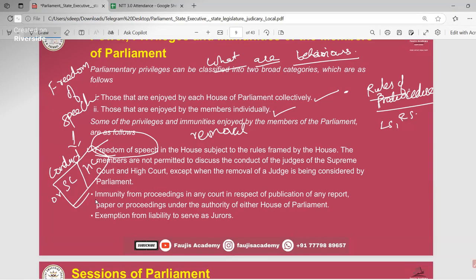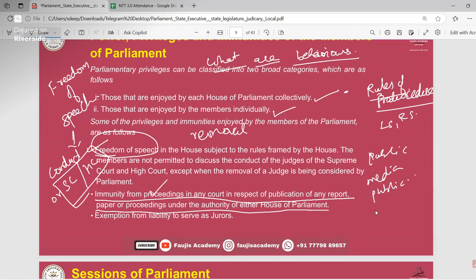Also, you have immunity from proceedings in any court in respect of publication of any paper or proceedings under the authority of either house of the Parliament. That is, you can publish anything in the media or to the public about the proceedings of the parliaments.